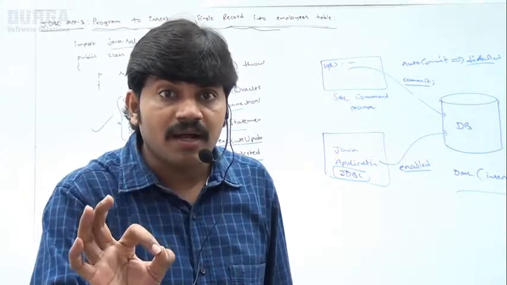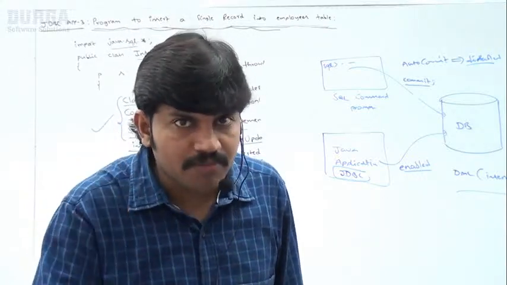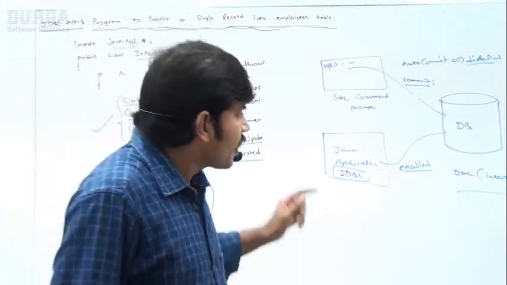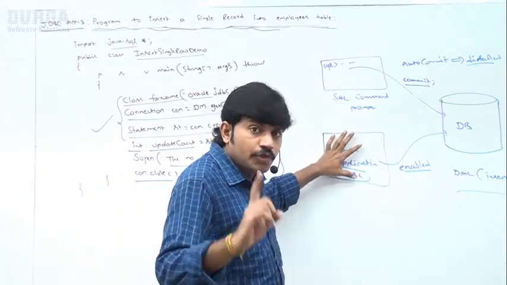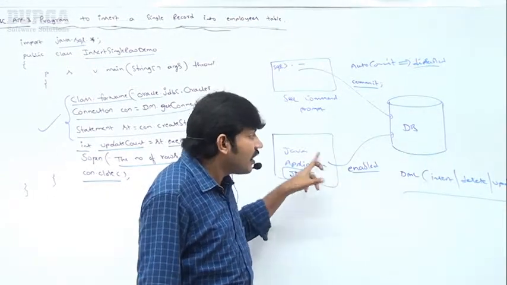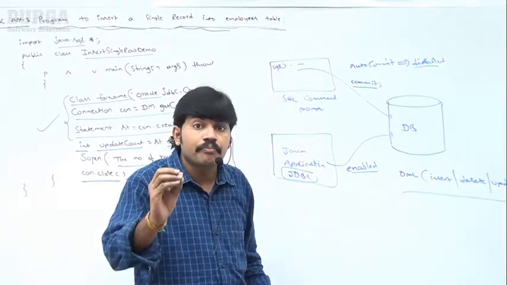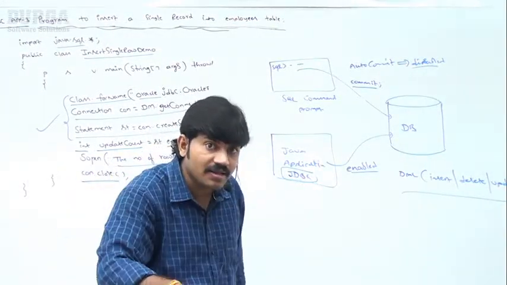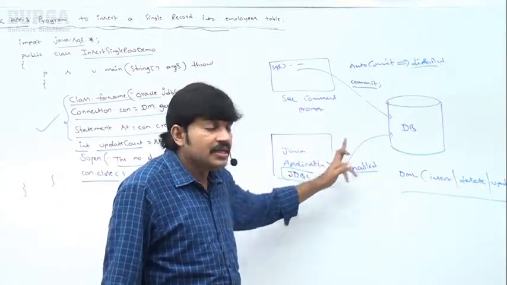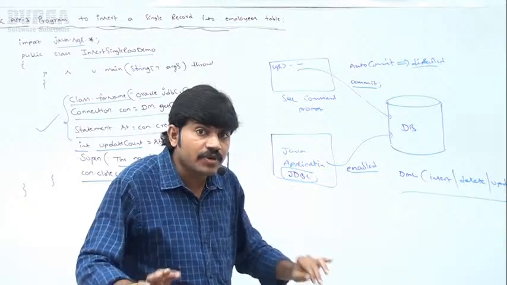Because in the SQL command prompt auto commit is disabled, remember that. But from a Java application, if you are performing any updation to the database, we are not required to call commit operation because the database connection auto commit is enabled, sir. Everyone can understand, right? In the database connection, auto commit is by default enabled.